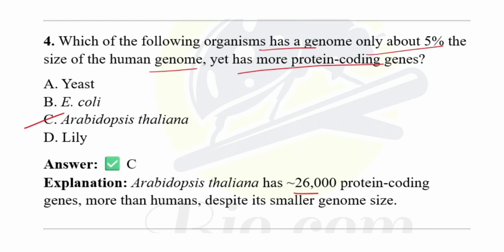Arabidopsis thaliana has about 26,000 protein coding genes, more than humans, and it has a smaller genome size. So as in the first question, a smaller size doesn't mean that the organism will have a lower number of genes. No, it is not at all so. Arabidopsis thaliana has a smaller genome size, yet it has more protein coding genes than humans.